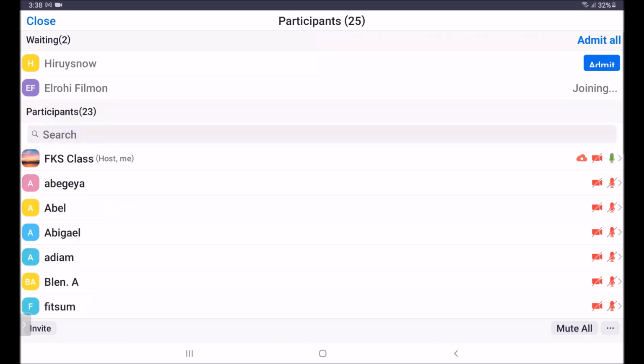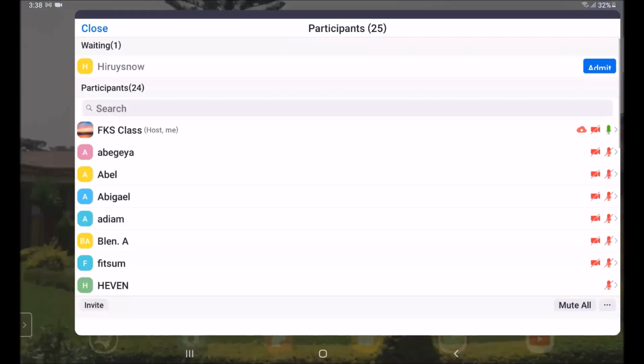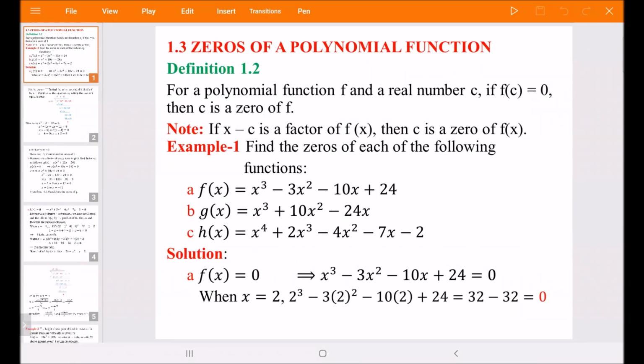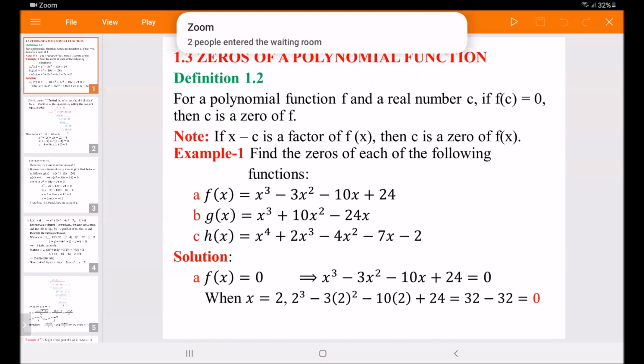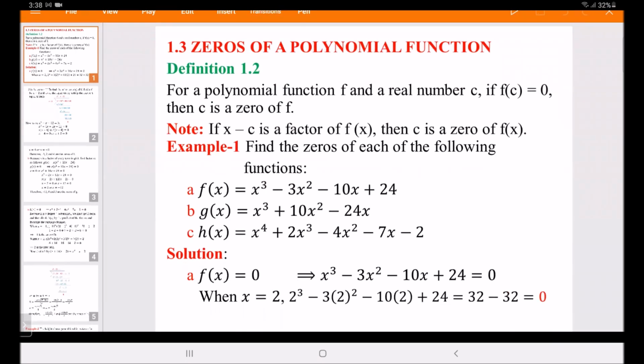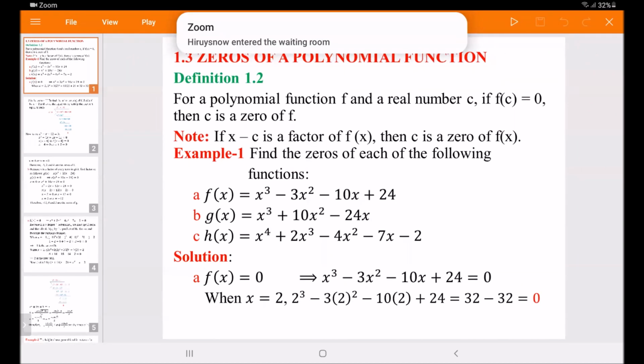So if the real number is the union of rational and irrational numbers, the rational root test theorem tells you how you can find the rational zeros of a polynomial, and the location theorem tells you how you can locate the irrational zeros of a polynomial, because the zeros of a polynomial are real numbers.